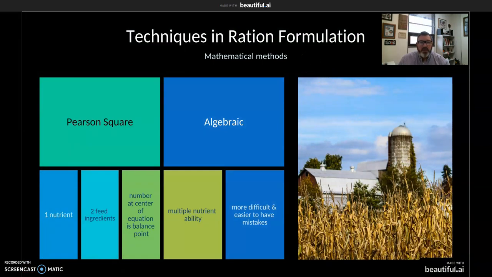Some techniques then in ration formulation, and we are going to focus on the Pearson square method. Let me come back to that here in a second. Let me just pause and talk briefly about the algebraic approach. The algebraic approach gives you the opportunity to balance for multiple nutrients at one time.